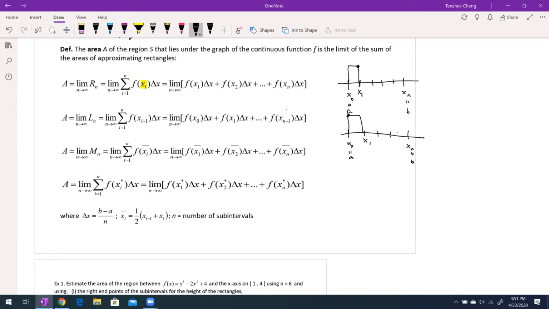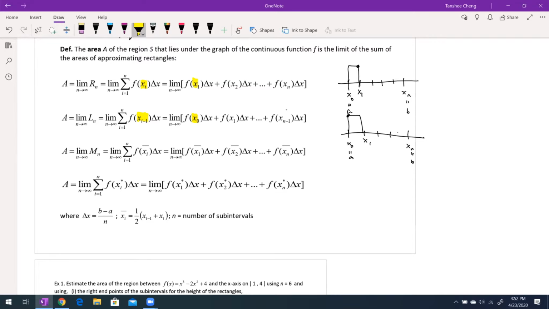It is x of i minus 1. The reason is that the summation starts at i equals 1, so when you plug in 1 for i, 1 minus 1 is 0, so it starts with x of 0 right here. But the right endpoint starts with x of 1. That's how you formulate the left endpoint and right endpoint approximations.